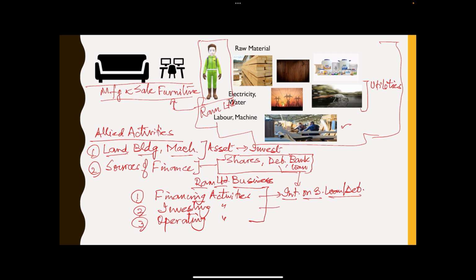In the same way, investing activities. Let's say Ram has purchased machinery. The purchase of machinery is the investment he has made. In the same way, there can be a loss on sale of machinery.